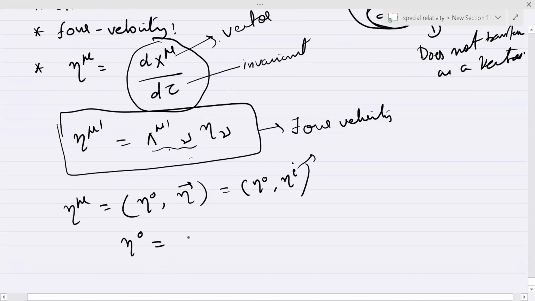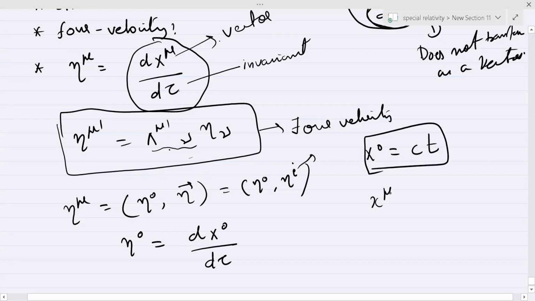Now, what about η^0? η^0 is equal to dx^0/dτ. Am I right? And what was x^0? We gave the name x^0 for ct. x^μ is equal to x^0 comma x vector, or x^0 comma x^i. That is equal to ct comma the usual x^1, x^2, x^3, or x, y, z. So x^0 is ct, so we use it here.